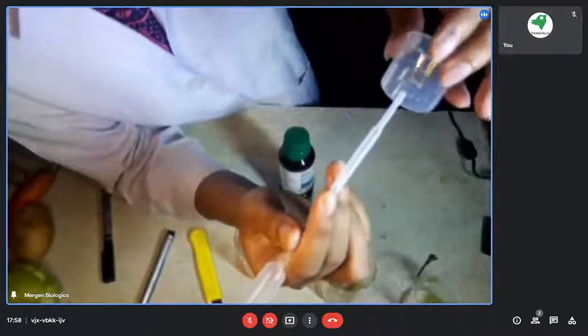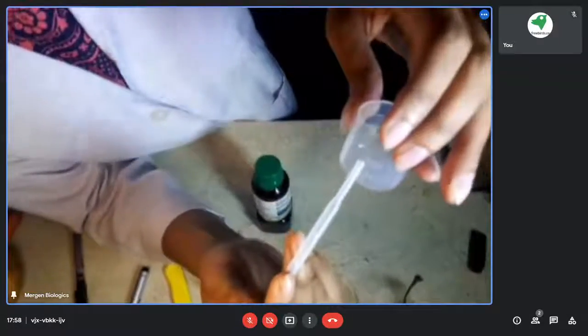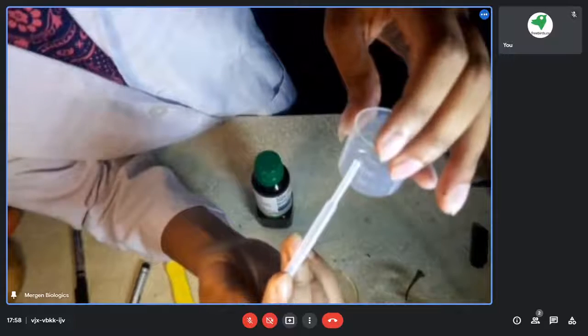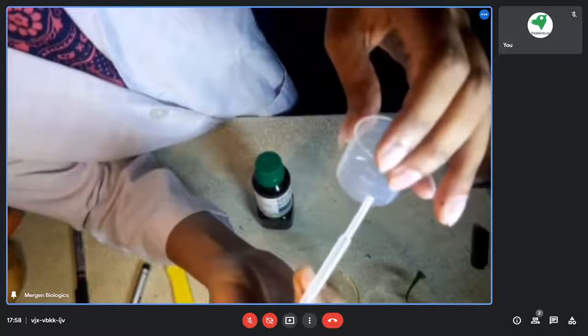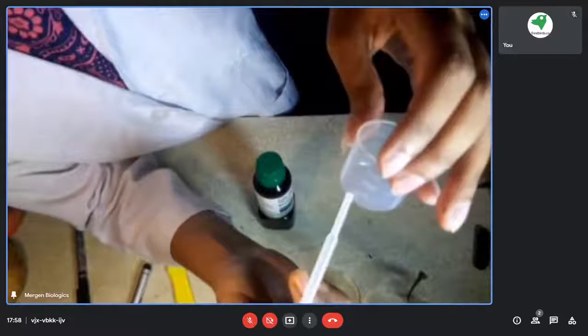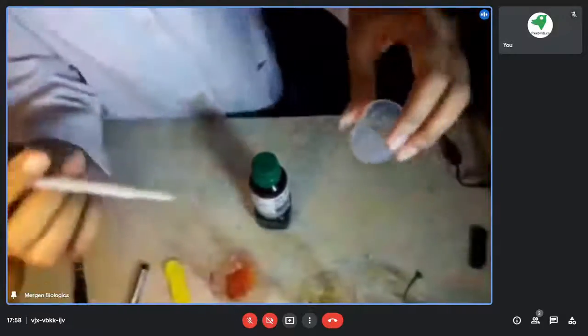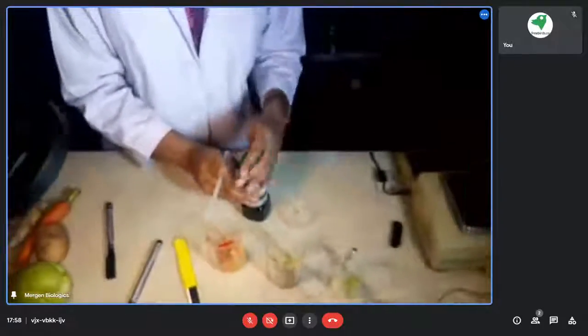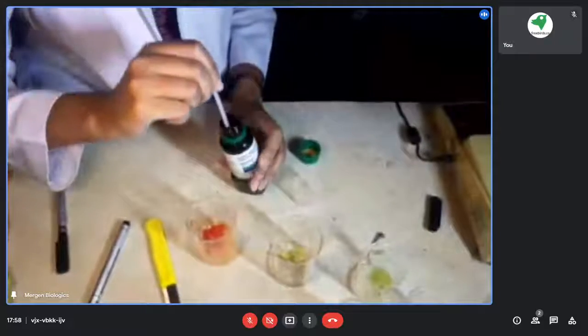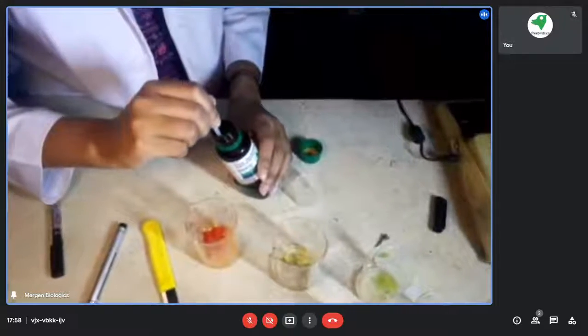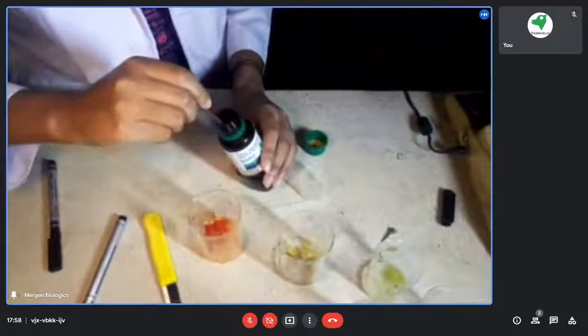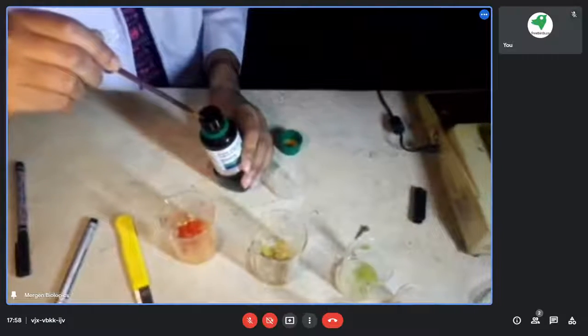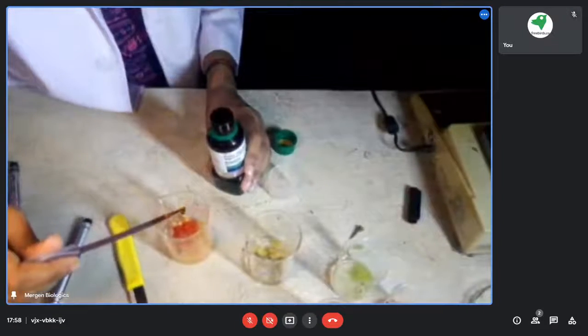You can go up to 5 ml. No need to go for 10 ml or 15 ml, that will be a larger amount. Just pour 5 ml betadine to each beaker or each sample you have. I am using this big dropper because it is available in my lab.